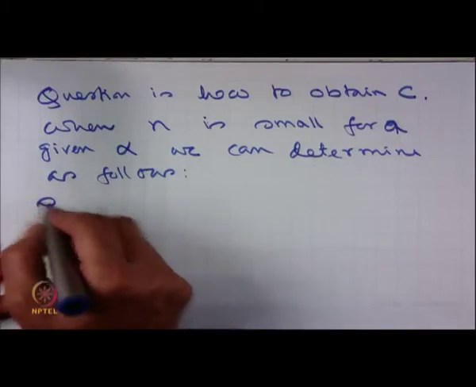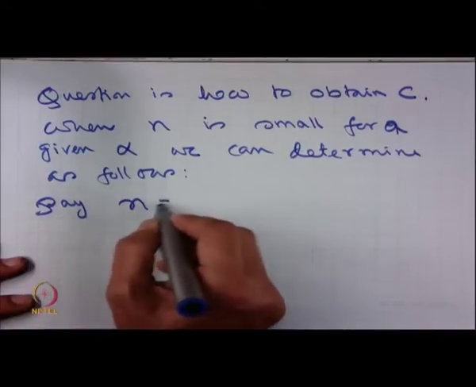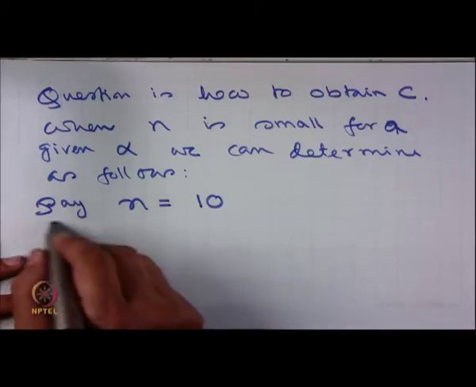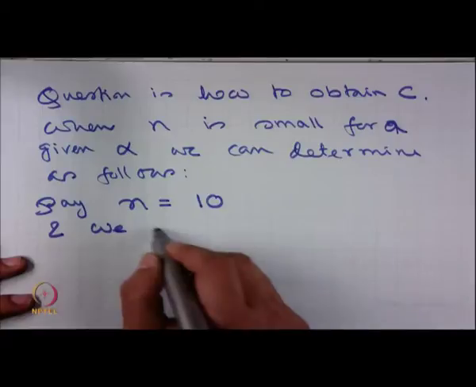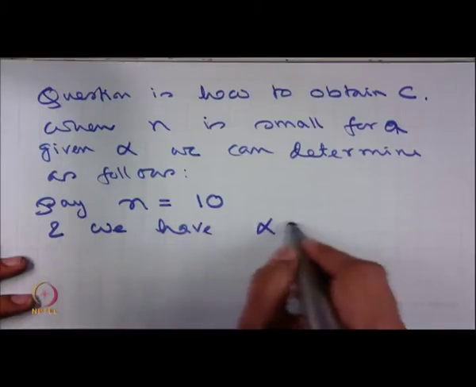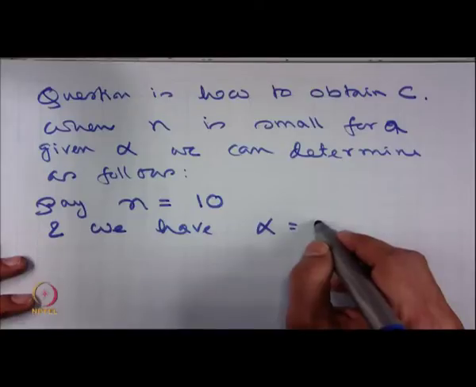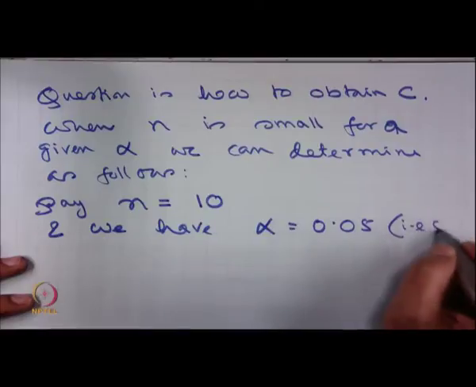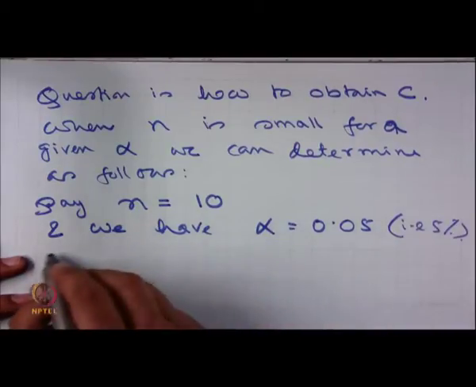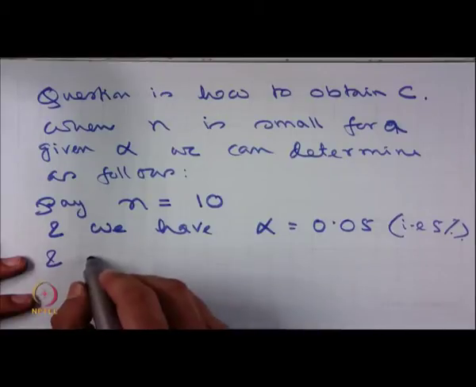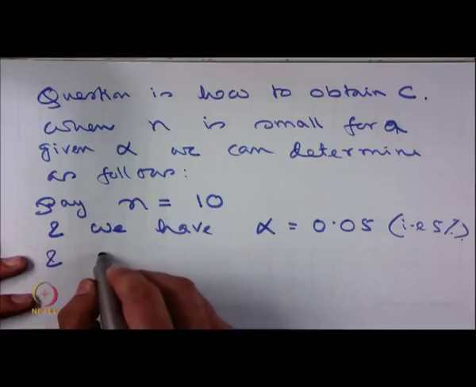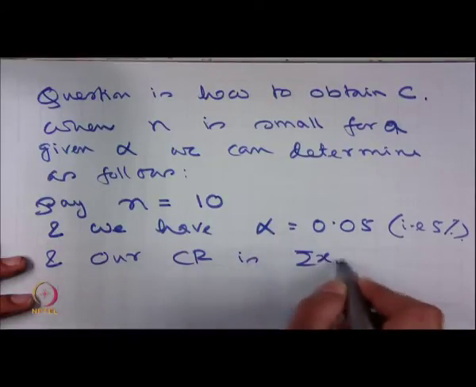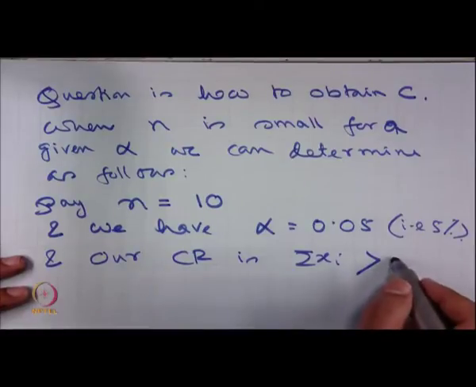Say n is equal to 10, and we have alpha equal to say 0.05, that is 5%, and with respect to the earlier problem, our CR is sigma xi is greater than or equal to some c.